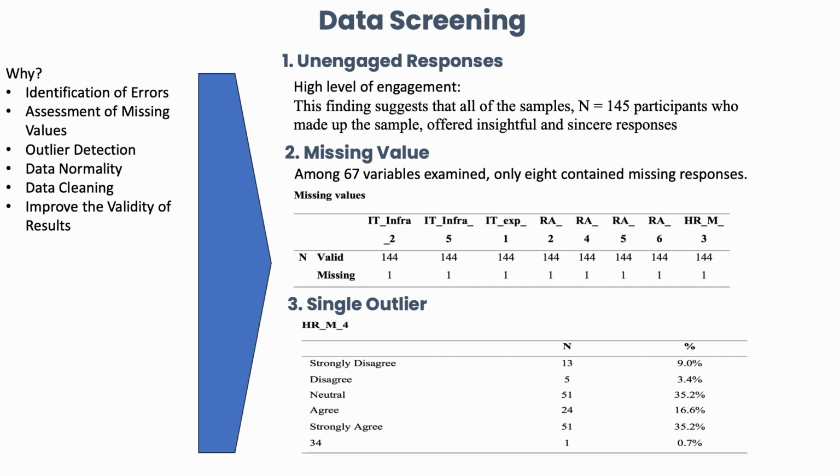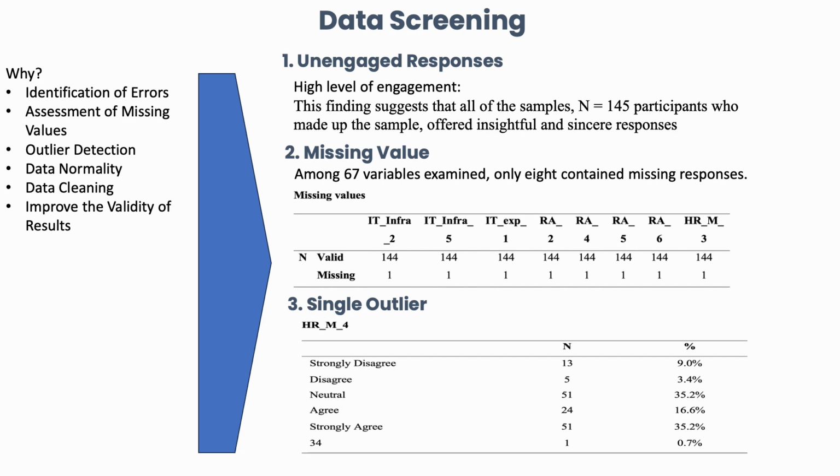Now, for this analysis, there are 3 data screening approaches that were used. Number 1 is unengaged responses, missing values, and also single outliers. When we look at the data set that was provided, the conclusion on unengaged responses is that there is a high engagement level.